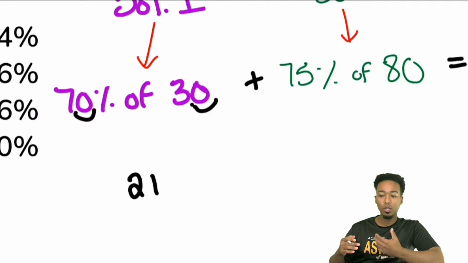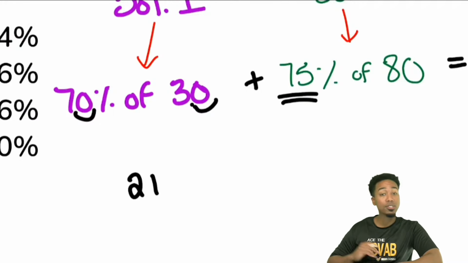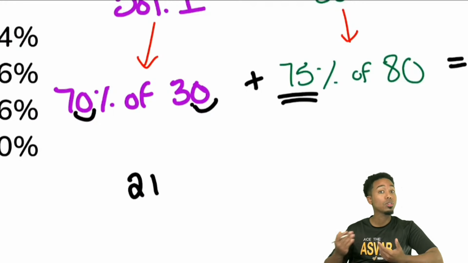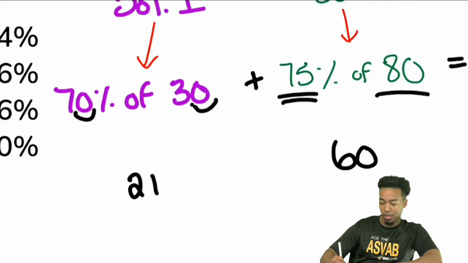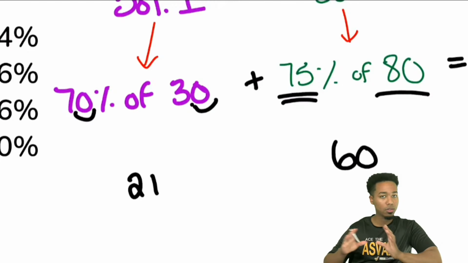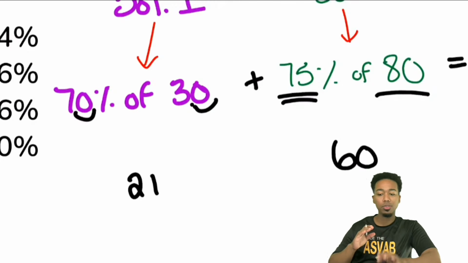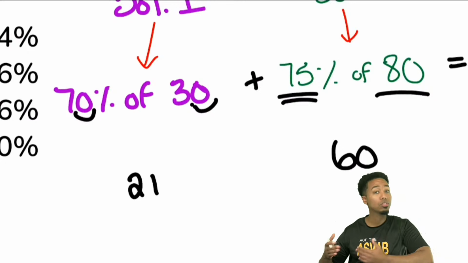Just like I always recommend understanding how to work with fundamental percentages that are really common, like 75%. 75% is 3/4. 3/4 of 80, that would be 60. But again, I'm not here to try to confuse you like a wizard. I'm just trying to show you that when mental math can be used, you should use it.